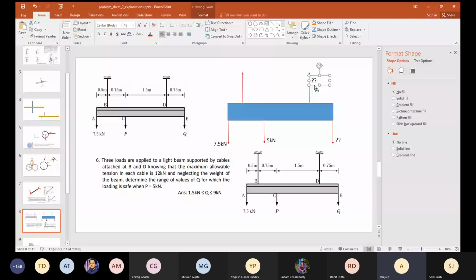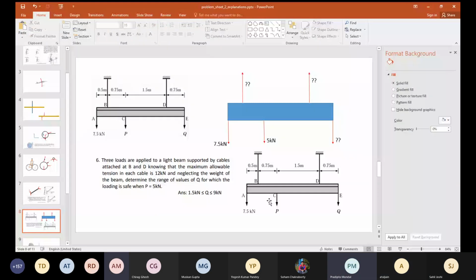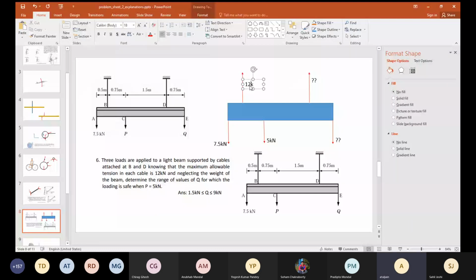Sir, can we say that for the minimum value of Q, string B will have maximum tension, and for the maximum value of Q, string D will have maximum tension? That is right. So by considering moments about B and D, we can find this out. For the minimum value of Q, this should be equal to 12 kilonewton. When this happens, Q has the minimum value.